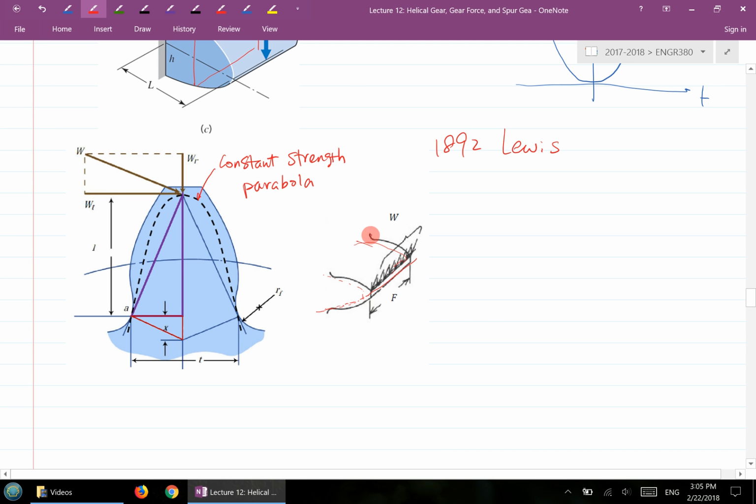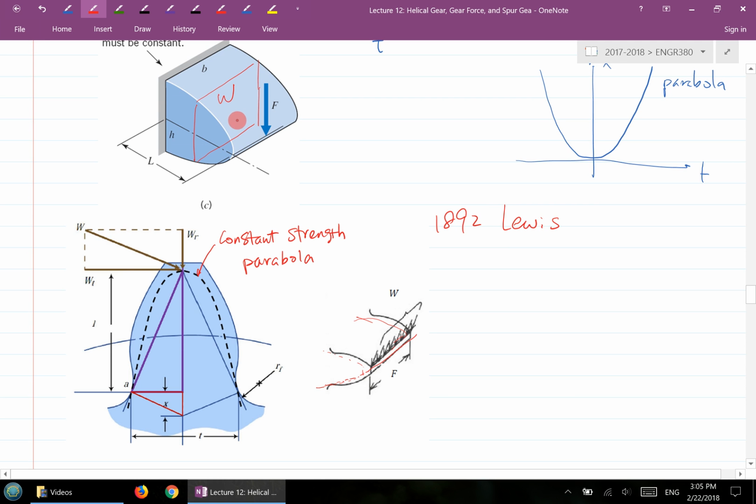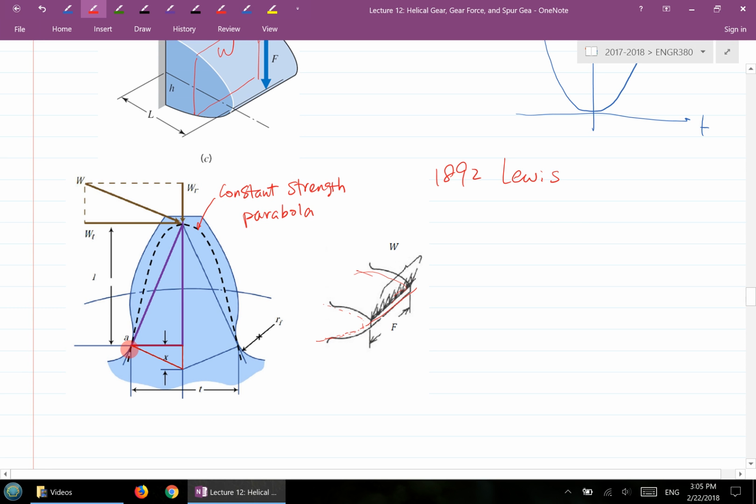So overall it's in a shape like this cantilever beam. Okay, so that's what Lewis found out.